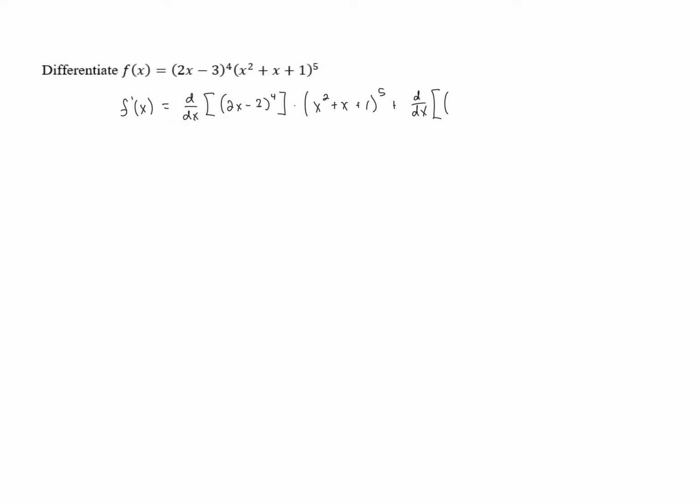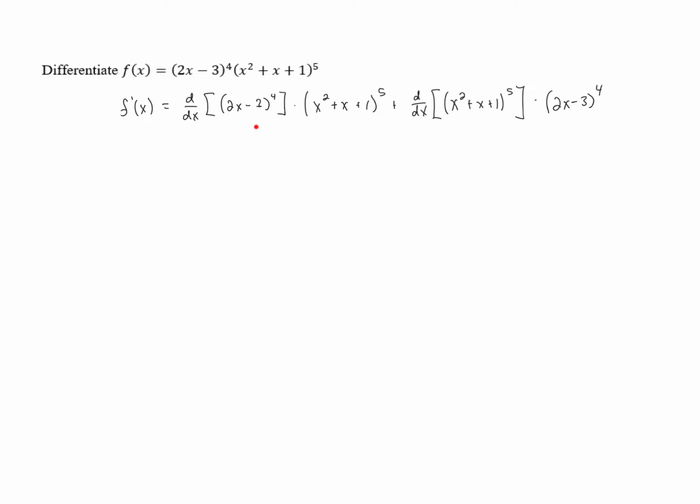So that's going to be the derivative of (x squared plus x plus 1) to the fifth power times the first factor, which is (2x minus 3) to the fourth. So all we've done so far is written out what the product rule gives us: the derivative of the first factor times the second, plus the derivative of the second factor times the first.